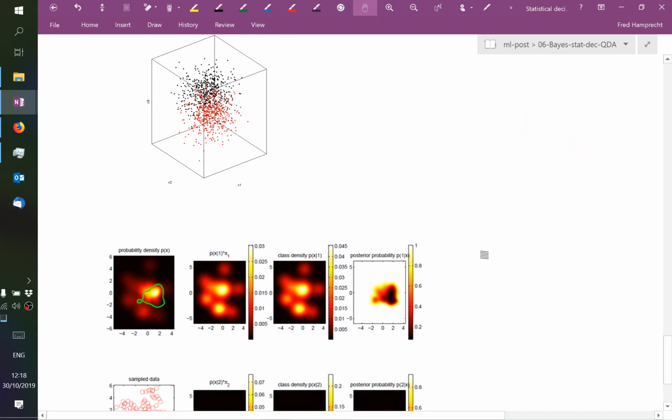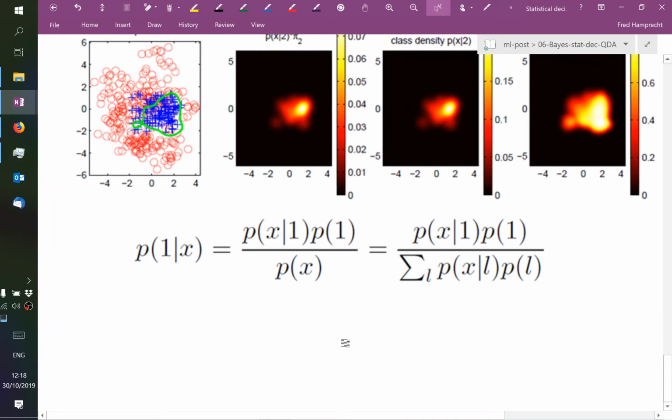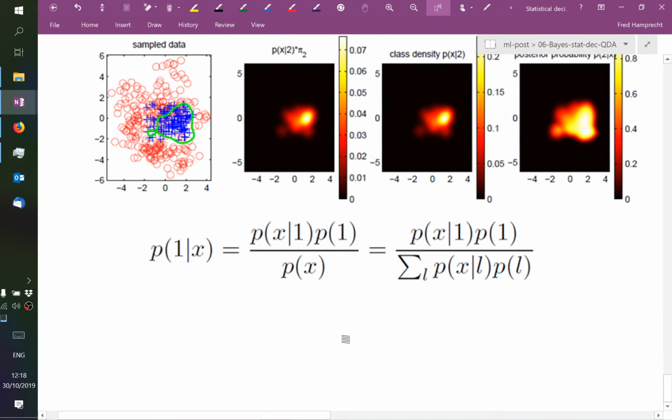Okay, then I've been using these words, posterior probability and such. Let me give them again in more detail. So what we see here is Bayes' theorem, written in this case for class 1. And here we have the probability of class 1. This is the prior probability. This diagram is again in your public OneNote folder.